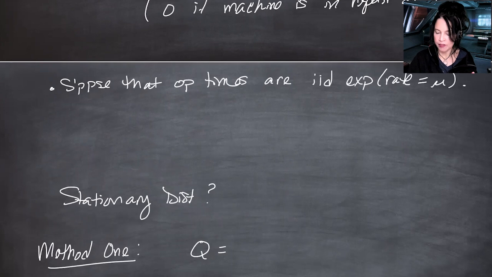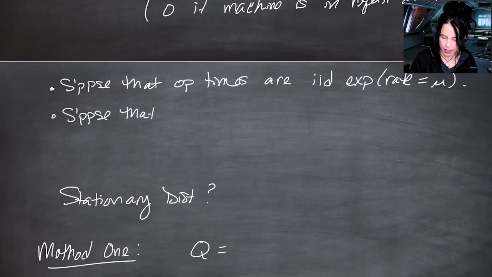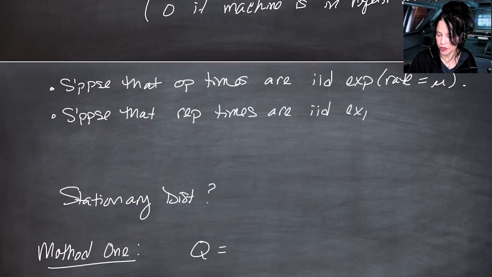But I would not be averse to changing it up to make sure you are thinking about the problem you're solving. And suppose that repair times are IID exponential with rate lambda.